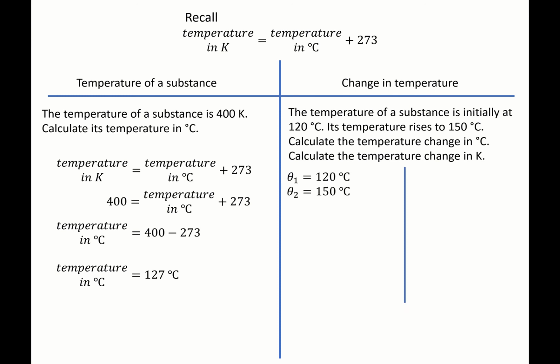So I have theta 1 equals 120 degrees Celsius, theta 2 equals 150 degrees Celsius. Now the change in temperature will be theta 2 minus theta 1, which is 30 degrees Celsius. Straightforward, right? Because the initial readings are all given in degrees Celsius. How about the temperature change in Kelvin?